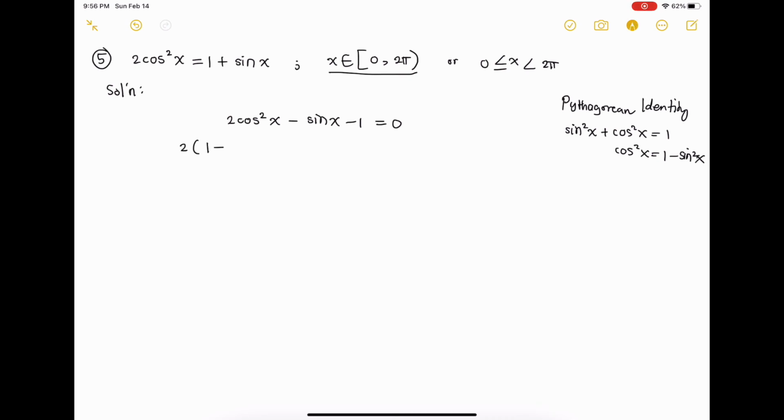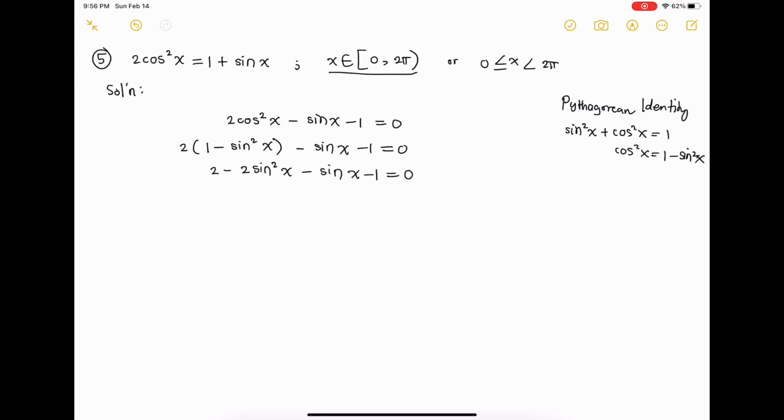Using the identity, we have 2 times the quantity of 1 minus sine squared x, minus sine x, minus 1 equals 0. Simplify. Distribute 2. We have 2 times 1, that's 2, minus 2 sine squared x, minus sine x, minus 1 equals 0.